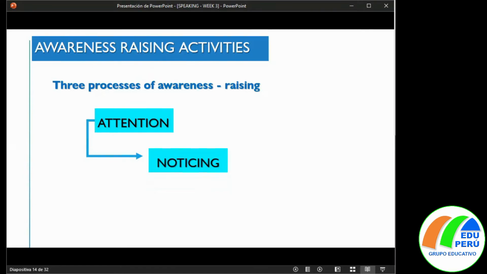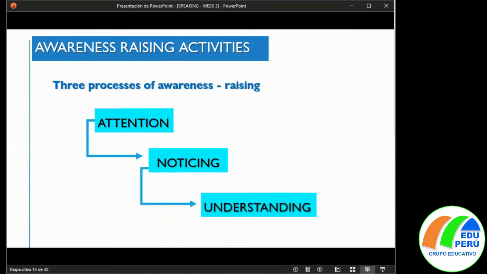They need to recognize, identify, point out something related to the language. And finally, understanding. Notice these three processes of awareness raising activities: hold the attention, notice, identify, pinpoint something, and finally understand it. Notice these three processes. And we are going to talk about each of them.